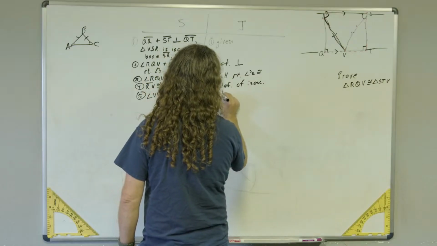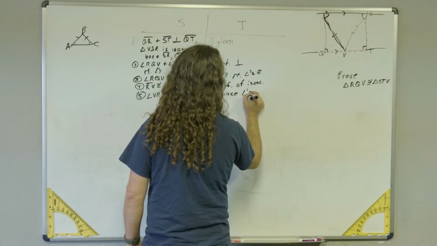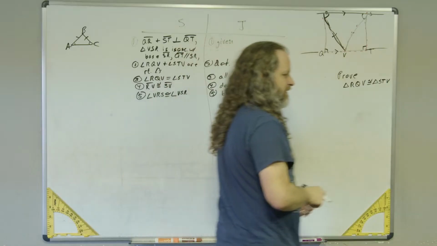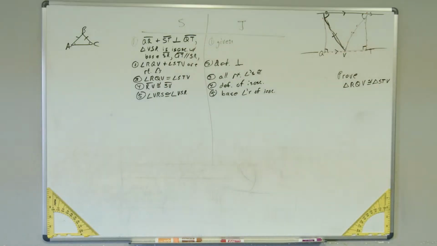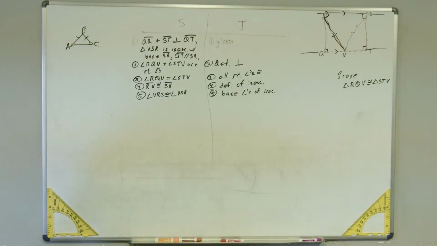Base angles of an isosceles, right? I think the book calls that the isosceles theorem, but whatever. Remembering what the theorem is or the name are both fine. Great? All right, so we got that congruent to that.